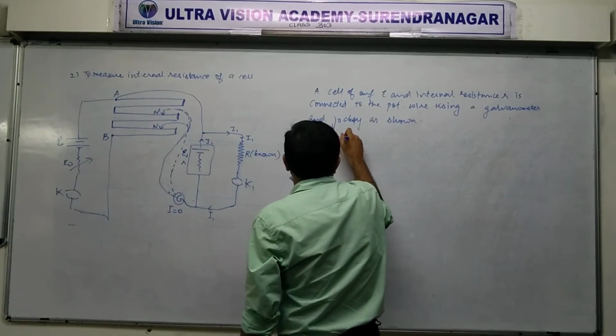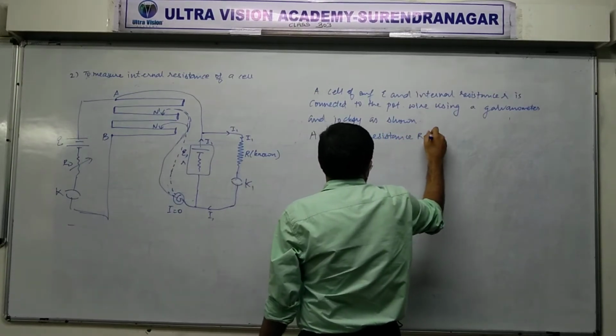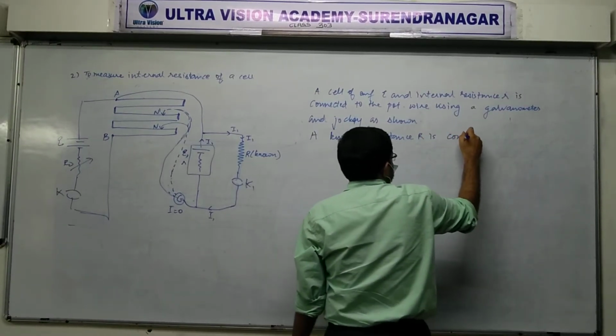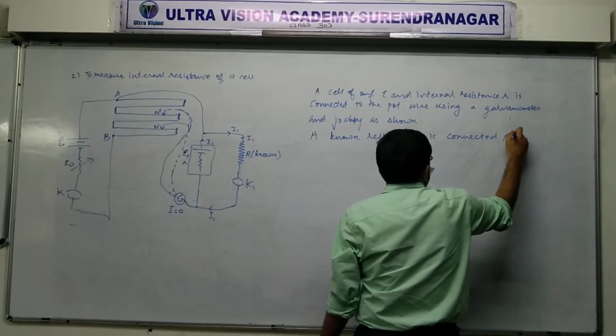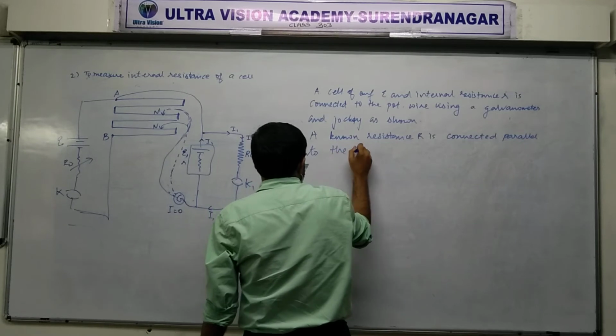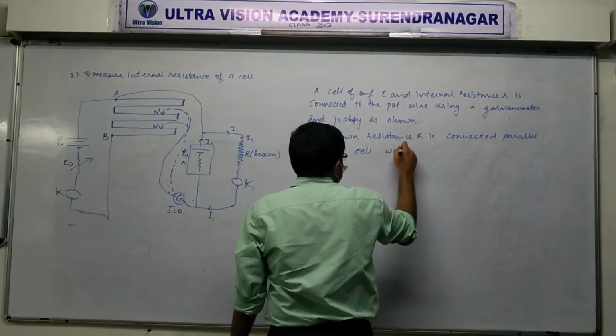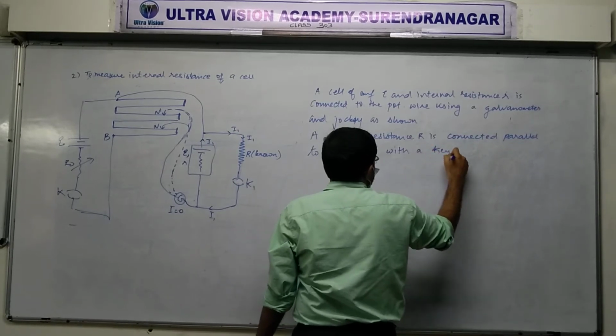A known resistance capital R is connected in parallel to the cell with a key K1.